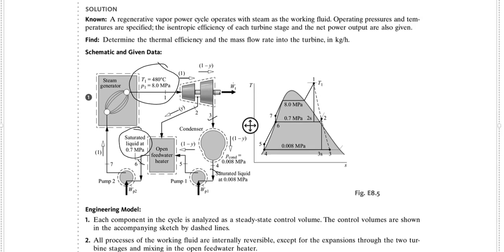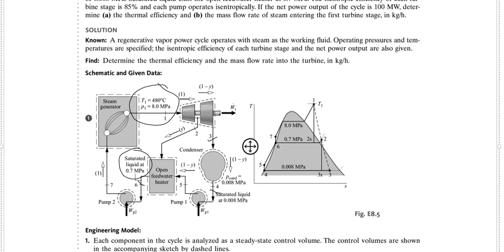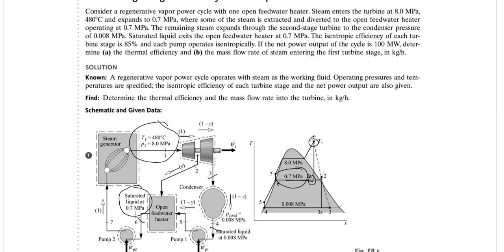Now, what we have to do is expand steam from state 1 to state 2, where at state 2 some of the steam is bled out. As we say, the process is non-isentropic, and there is an isentropic efficiency of 85%. So for the first method, we need to consider the isentropic process.